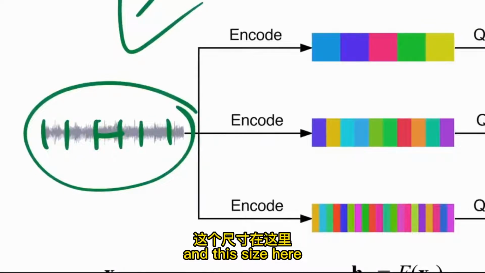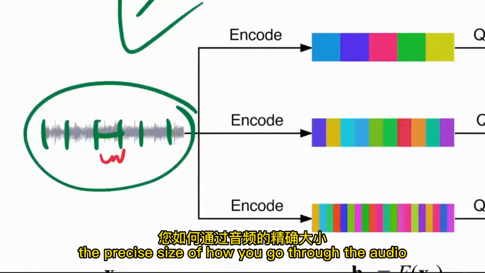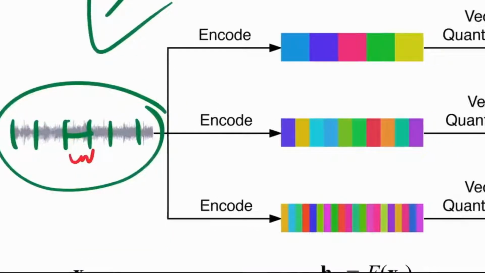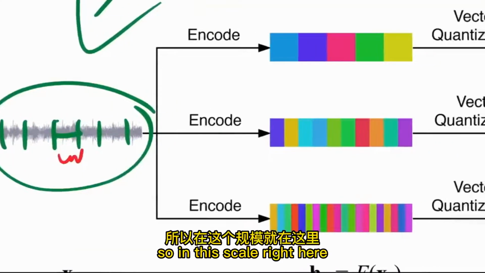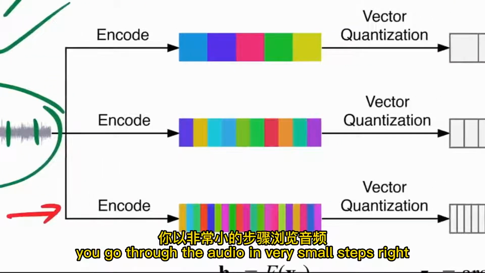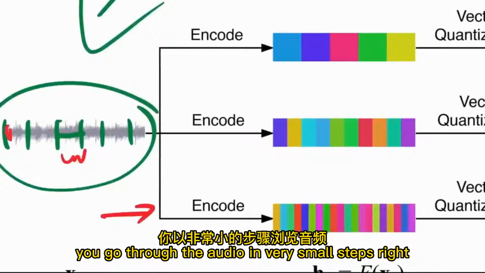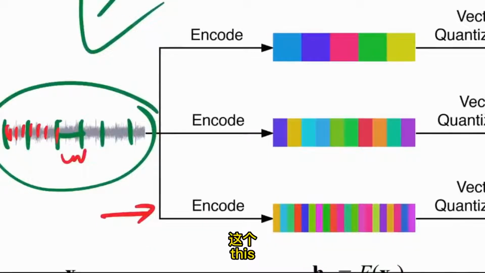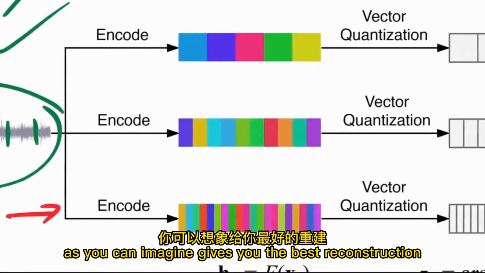And the precise size of how you go through the audio is different between these different scales. So in this scale right here, you go through the audio in very small steps, right? This, as you can imagine, gives you the best reconstruction.